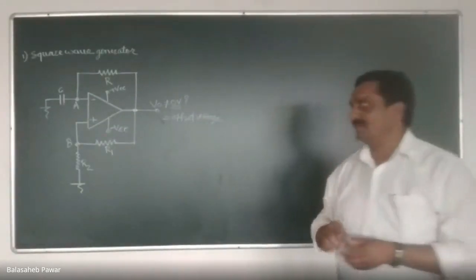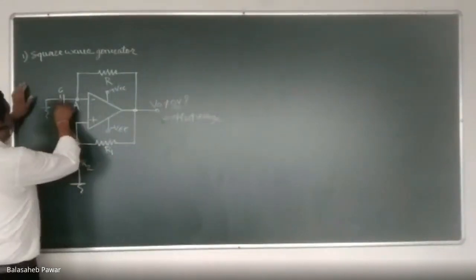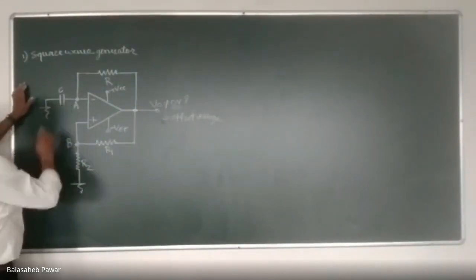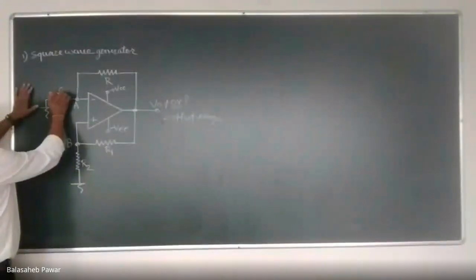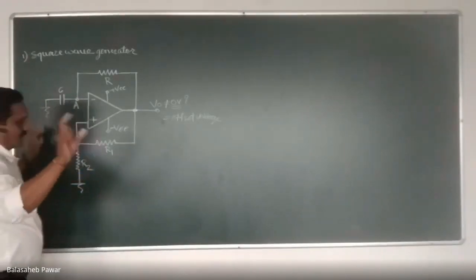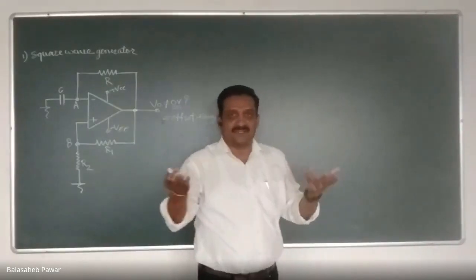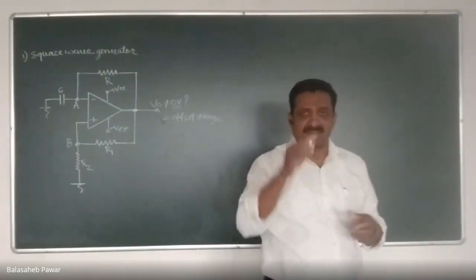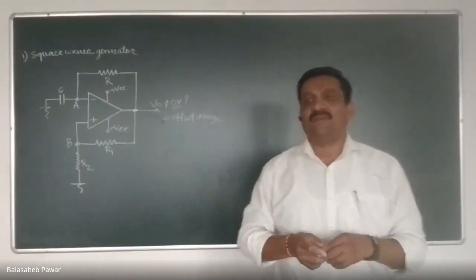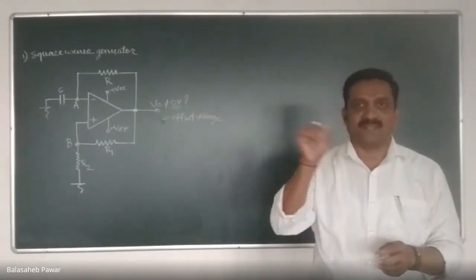At the same time, the capacitor is discharged. That means it will act as an open path, and hence voltage at A will be equal to 0. Now remember that output offset may be positive or negative, plus minus. That value of the offset voltage is given by the manufacturer as plus minus something.